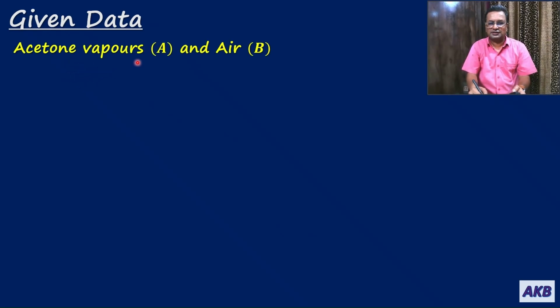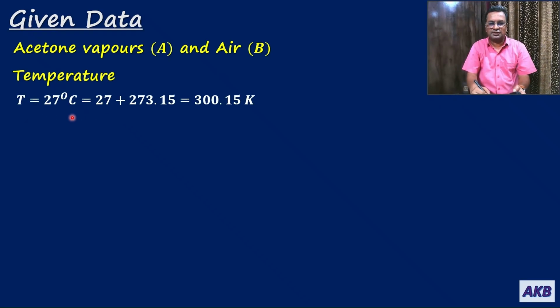Acetone vapor, let us denote it by capital A. And air, we are going to denote by capital B. The temperature is given to us. It is 27 degrees Celsius, that is 27 plus 273.15, which is 300.15 Kelvin. We need to use temperature in Kelvin. Then pressure is given to us.